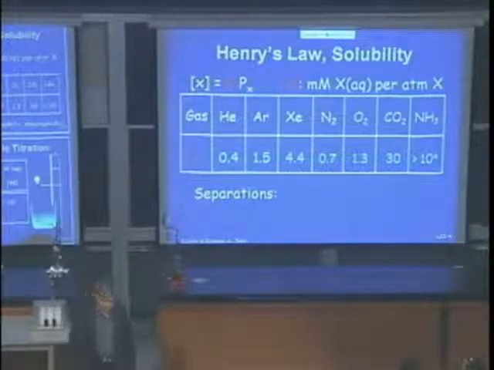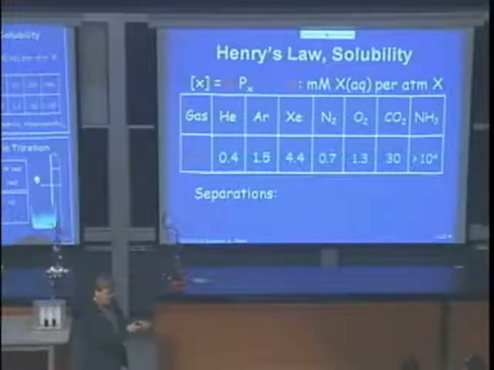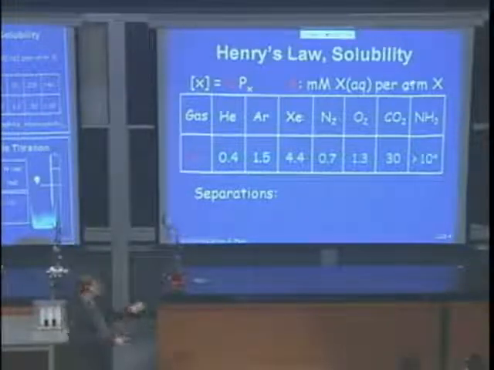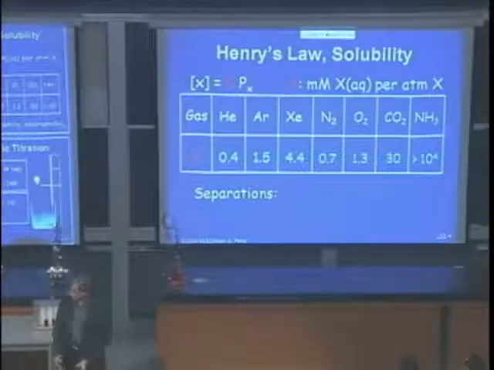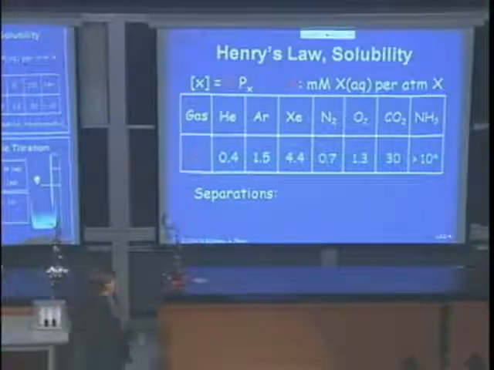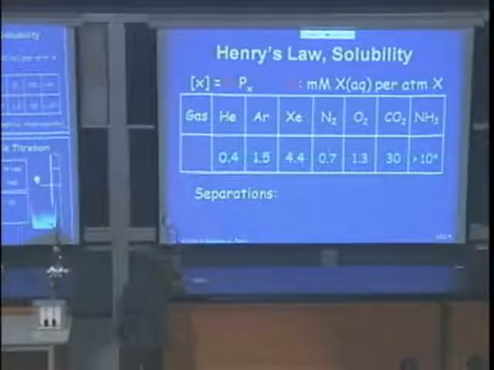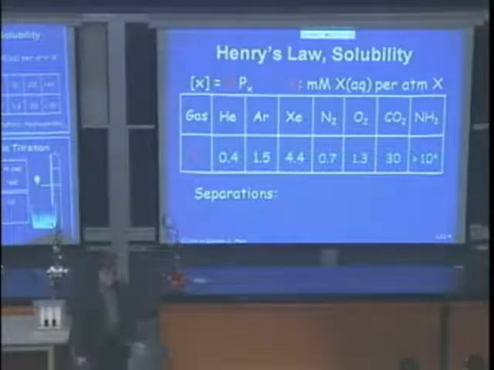So you have to have a certain pressure of NH3 gas on top of an aqueous solution, and then it will go into that solution until you have larger than 10 to the 4 moles per liter dissolved. So let's do that. We have here what we call an ammonia fountain, and there she is, Karen, our magician here.